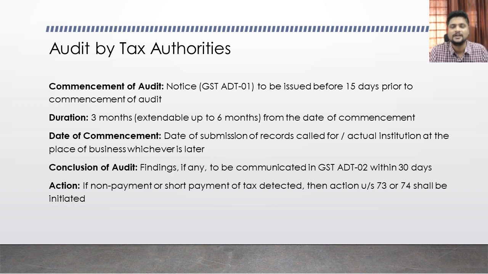There is a form prescribed for that. That form has to be issued to the taxpayer within 30 days from the date of concluding the audit. If the audit is concluded on one day, within 30 days from that date, the department has to communicate the findings of the audit through issue of GST ADT 02.